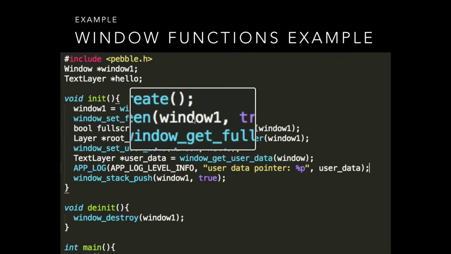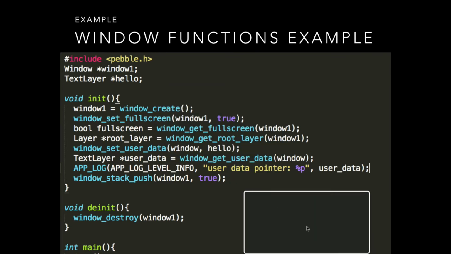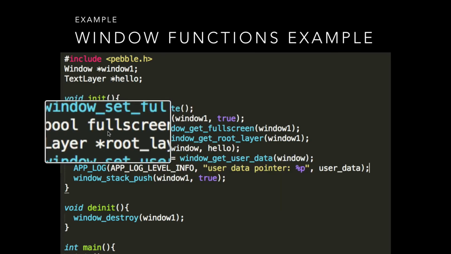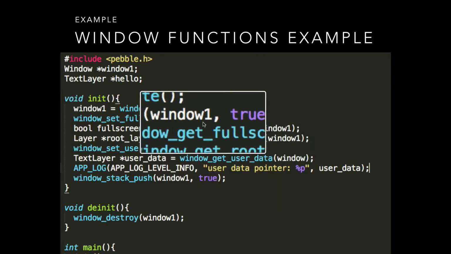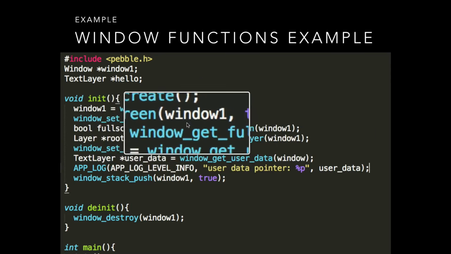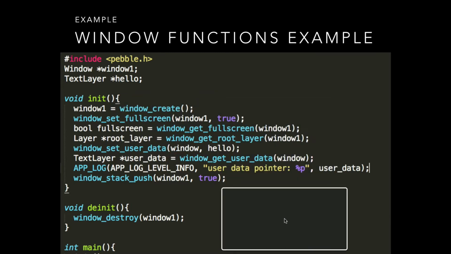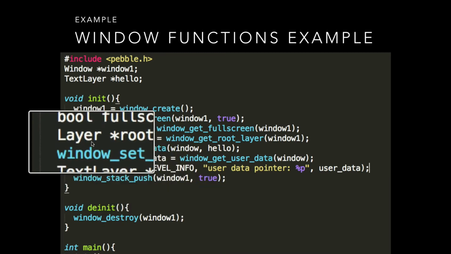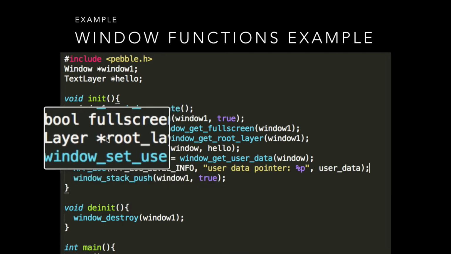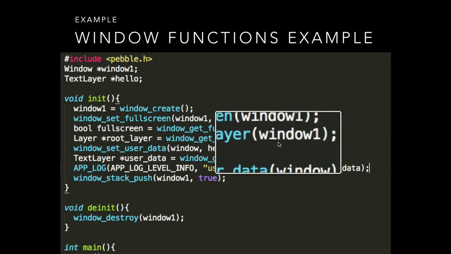Window set full screen, you do pass in your window, and you pass in the boolean of whether or not you want to set it full screen. This boolean full screen will return true for this case because it's going to run this every single time. But I just wanted to show you a use case of this. So window get full screen, you pass in your window 1, and then for layer, your root layer of your window, you get it with window get root layer, pass in your window.